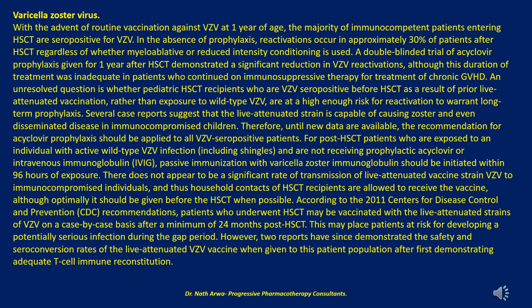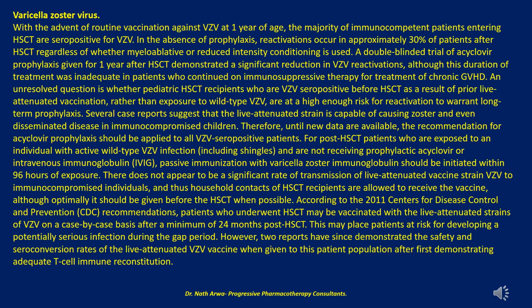For post-hematopoietic stem cell transplant patients who are exposed to an individual with active wild-type varicella zoster virus infection, including shingles, and are not receiving prophylactic acyclovir or intravenous immunoglobulin, IVIG, passive immunization with varicella zoster immunoglobulin should be initiated within 96 hours of exposure.